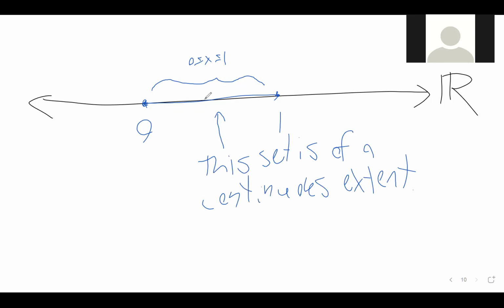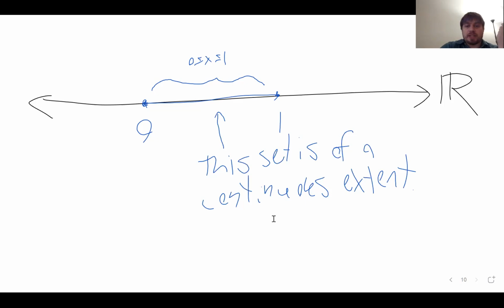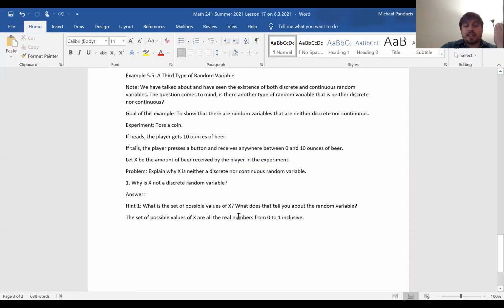Yeah, it does. Okay, so since the sample space, the space of possible values of capital X, is of a continuous extent, that means X cannot be a discrete random variable, right? The set of possible values of X are all the real numbers from 0 to 1 inclusive. That set of possible values of capital X is of a continuous extent.